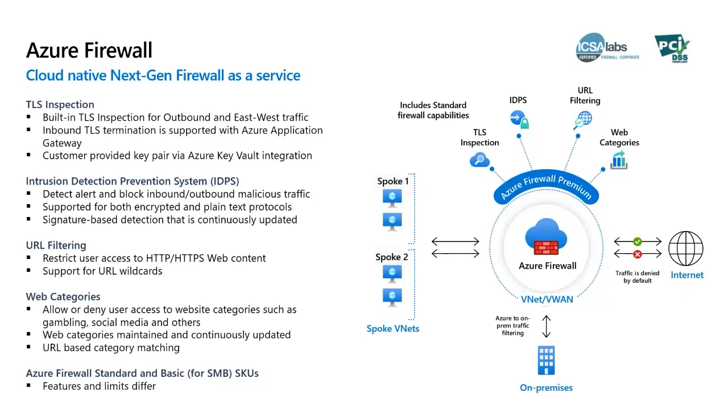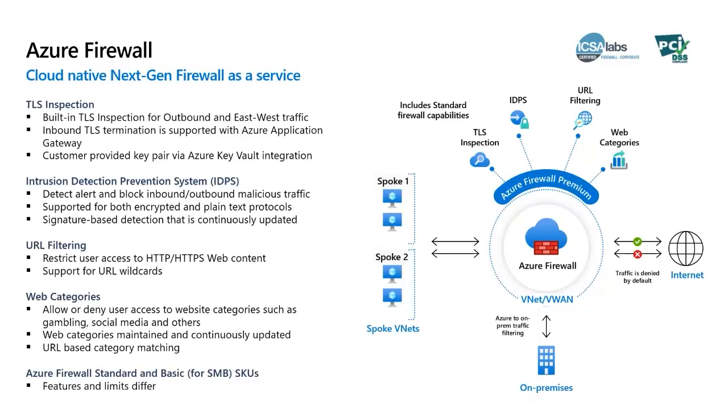Then we have the standard SKU, which is our first version of the Azure Firewall released a few years ago. It has network rules, application rules. It brings threat intelligence as well. We also can use web categories in the standard SKU. And then we have the premium SKU, where the premium SKU introduces the TLS inspection at application rules level.